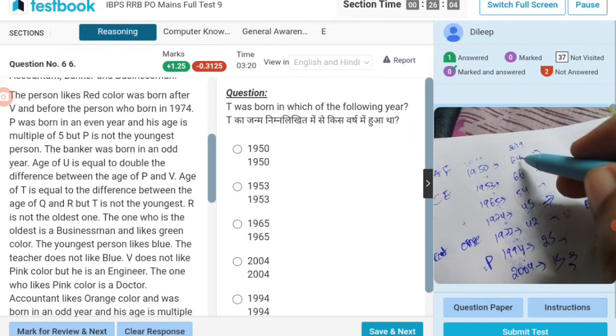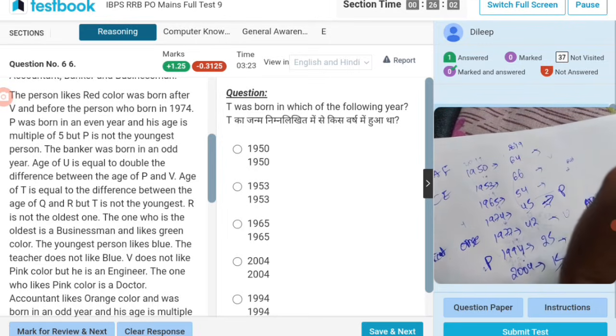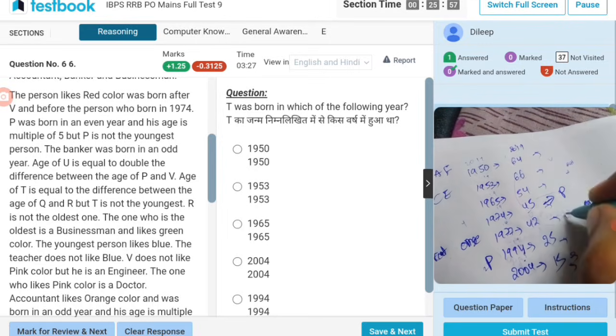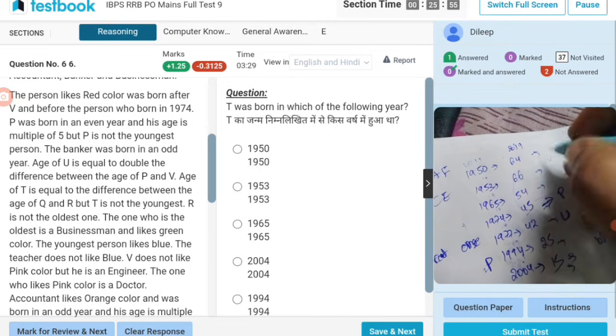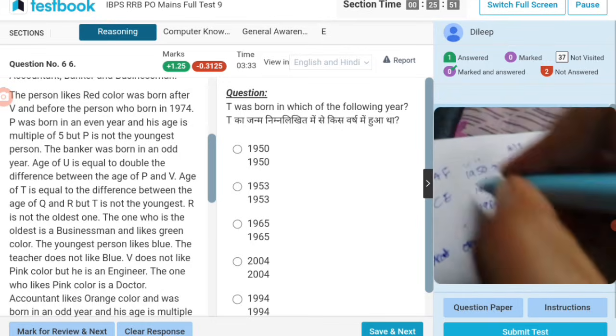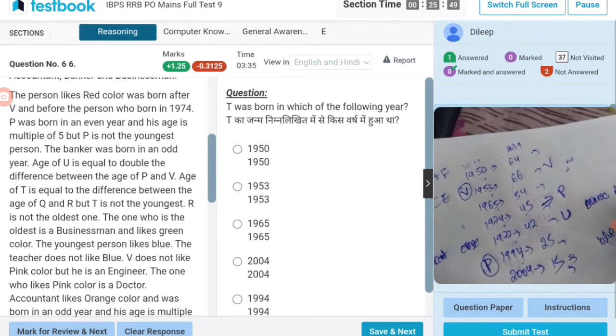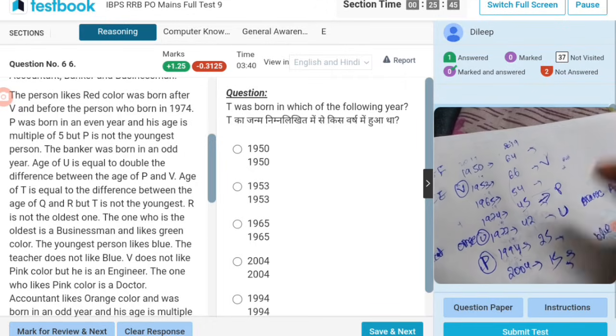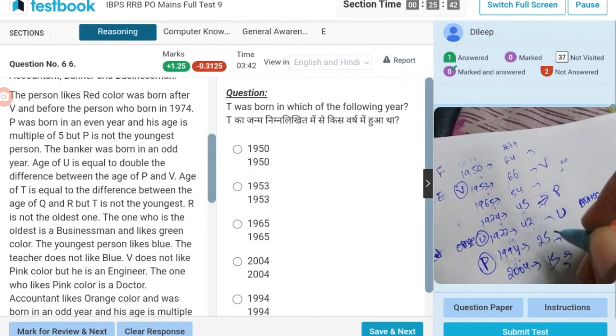So U, V. Okay. Next, V and U. U is double the age of P and V.